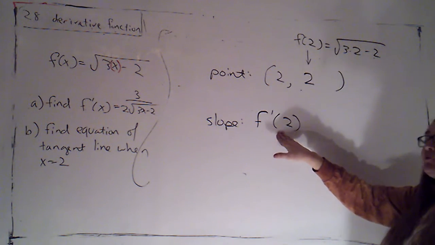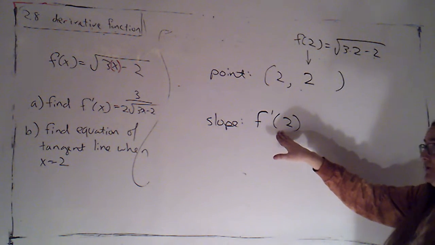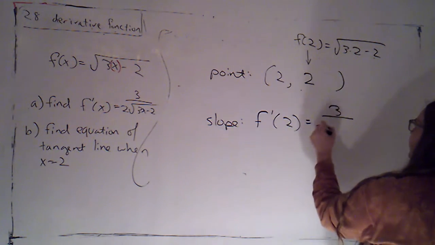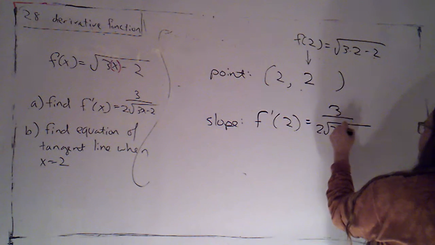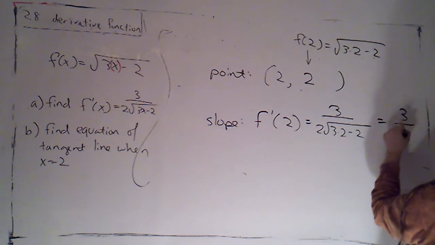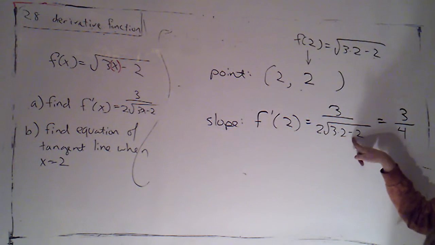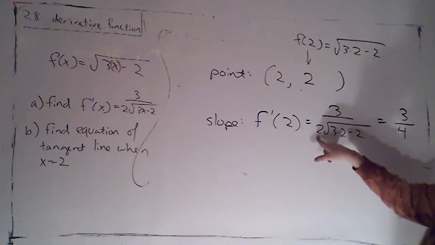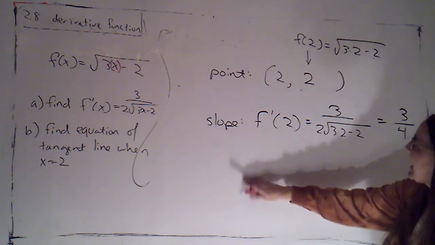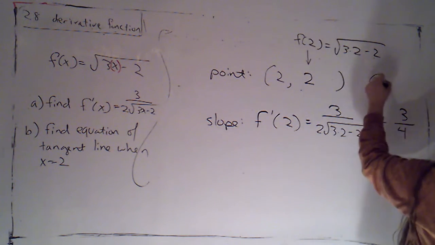I plug into f prime to get the slope of the tangent line. And so that's going to be 3 over 2 times the square root of 3 times 2 minus 2. That's going to be 3 over 4, because we just saw this simplified to 2 times 2 will give us 4. All right, excellent.